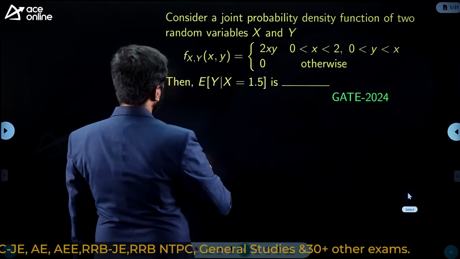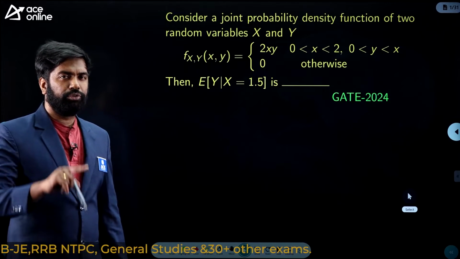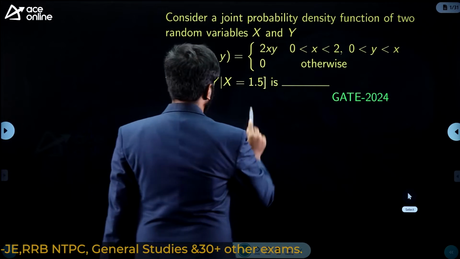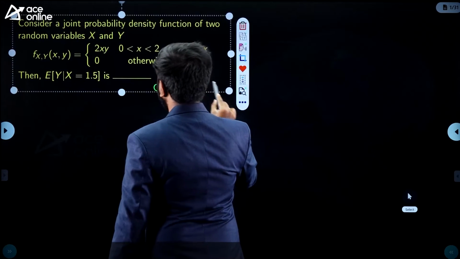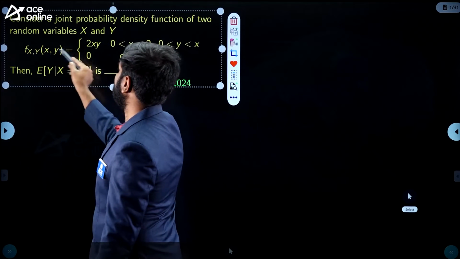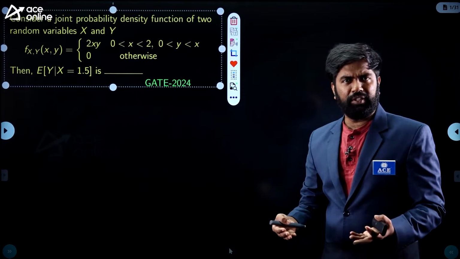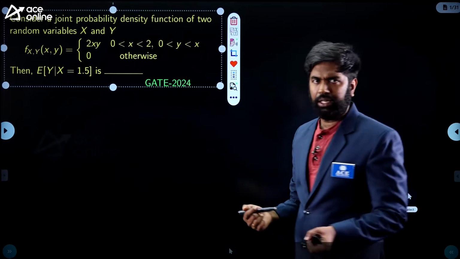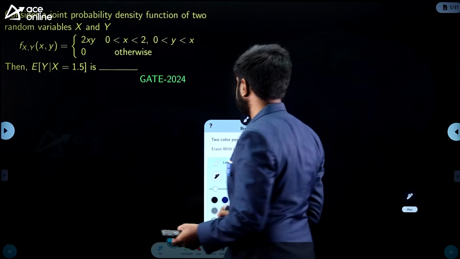If this was a valid probability density function, students, and you try to do the double integration, have a look at this. Suppose this represents some surface, and you try to find the volume beneath that surface, that volume must be 1. If you are new to this, you can just check this.